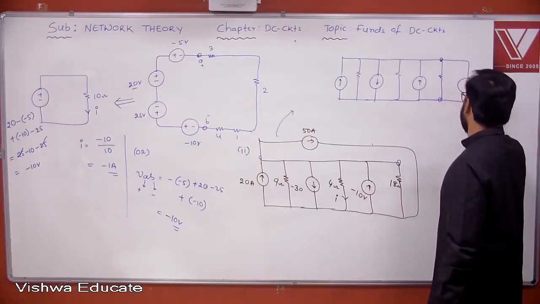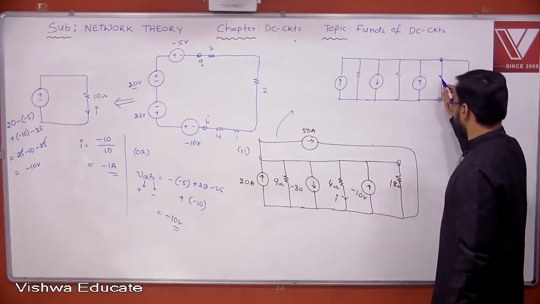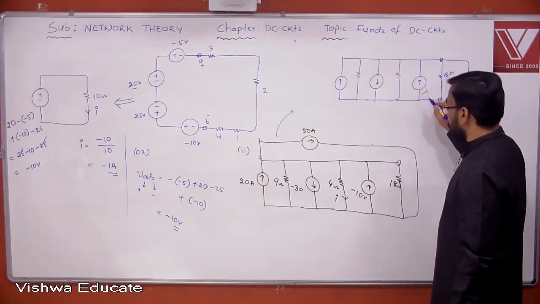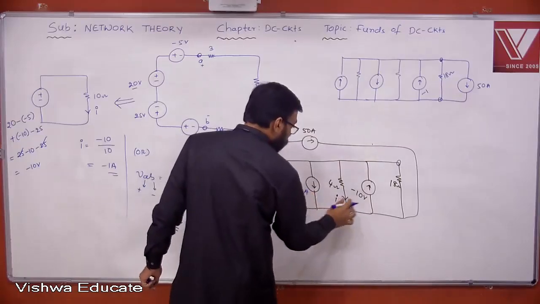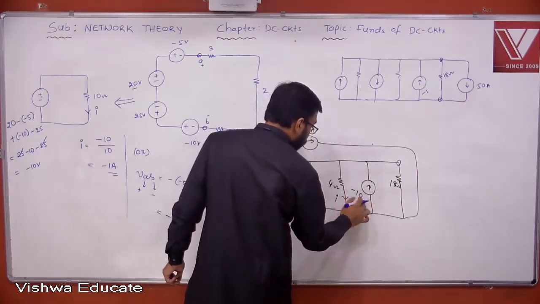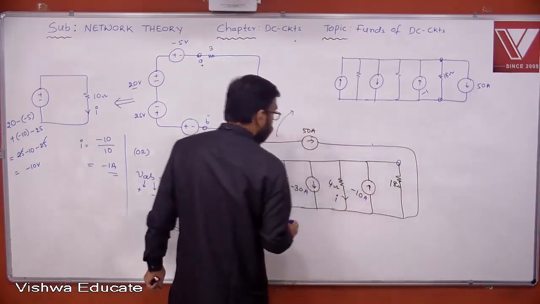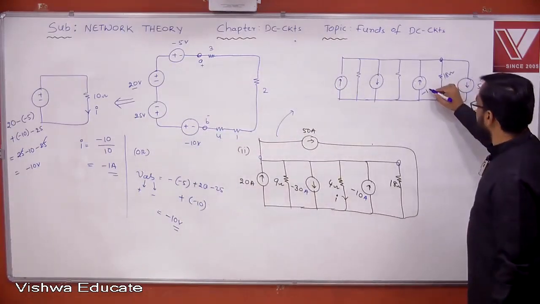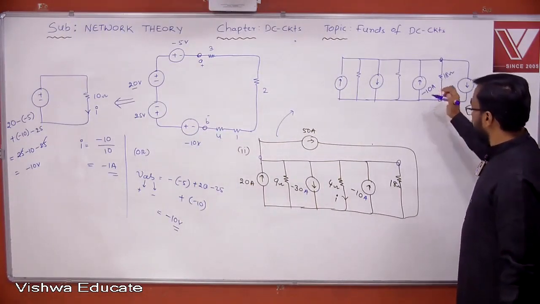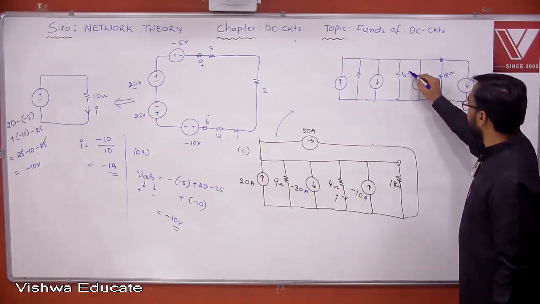Now 50 amperes. What about this particular element? 18 ohm. What is this? Minus 10 amperes. This is minus 10 amperes. What about this 4 ohm?